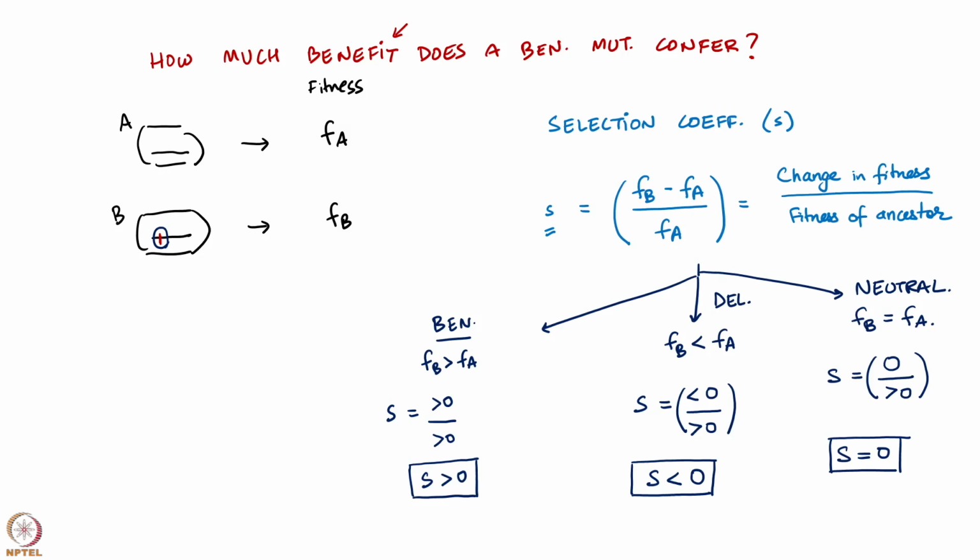Now, we are going to go a little bit deeper into this discussion, and let us take the case of only beneficial mutations. Imagine that we have two different types of mutants here.